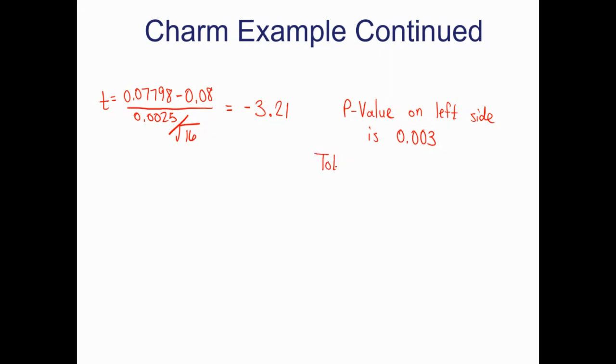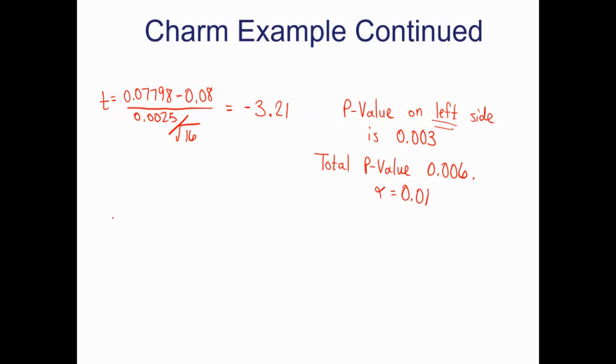Multiply by 2. Because we have a two-tailed test. This is only the left side p-value. So total p-value is 0.006. What was alpha? 0.01.